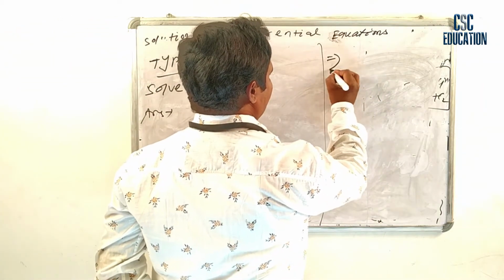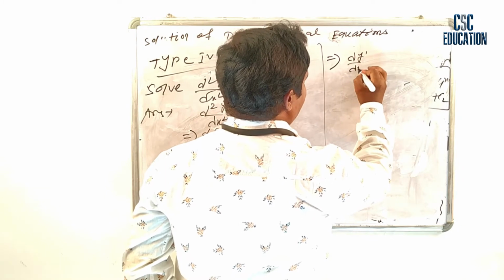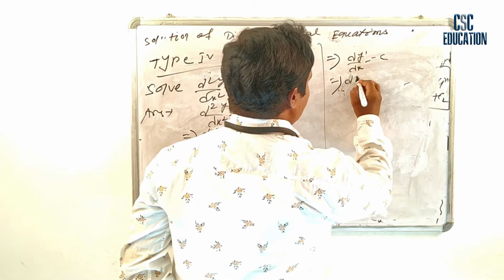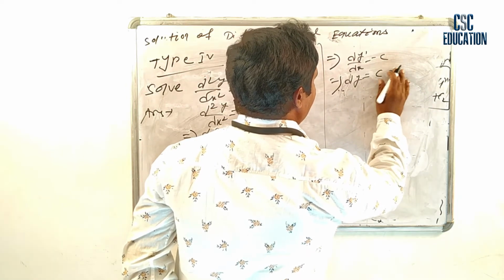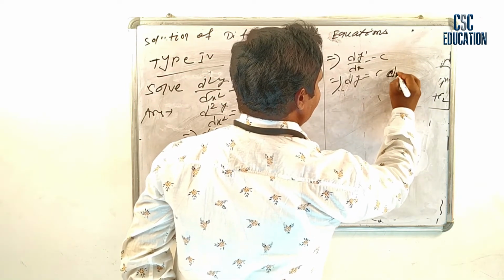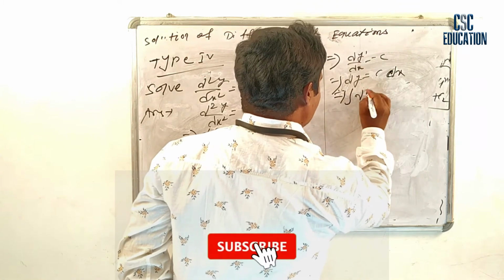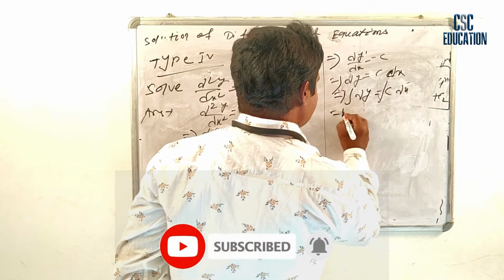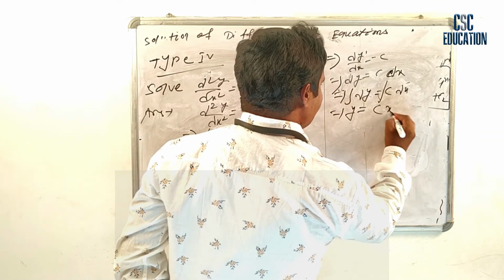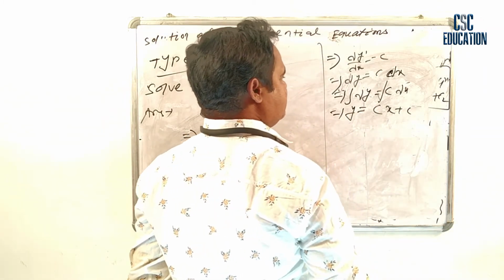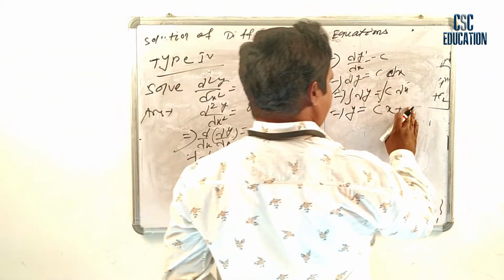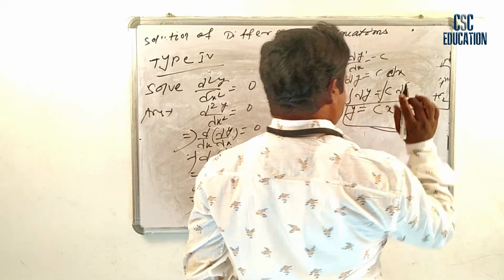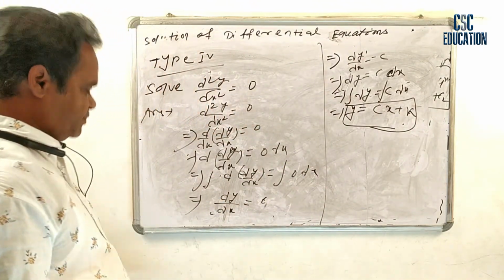So dy by dx equals c, so dy equals c dx. Integrating, y equals c x plus c2. This is the example of type 4.